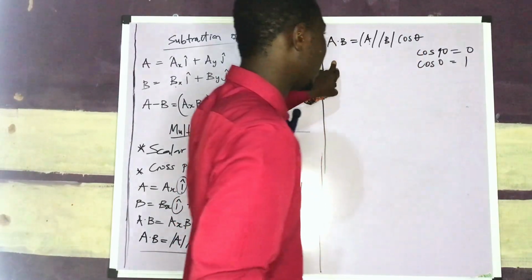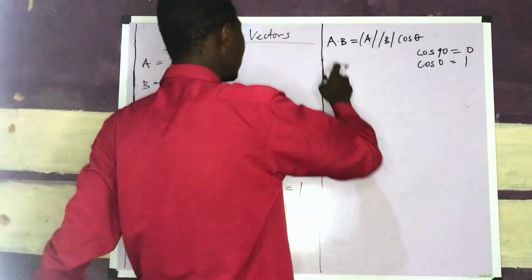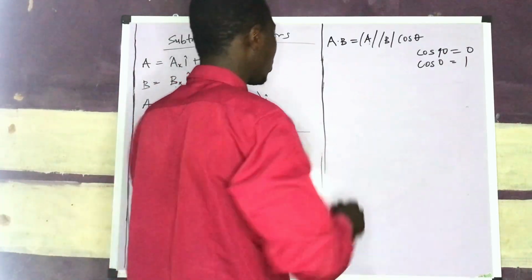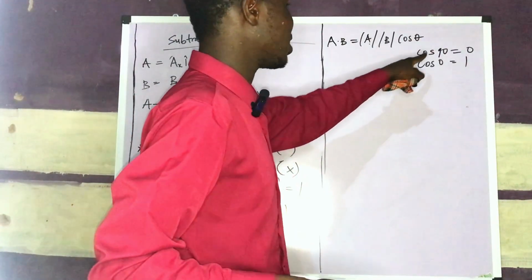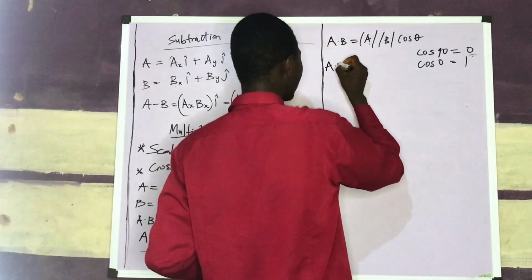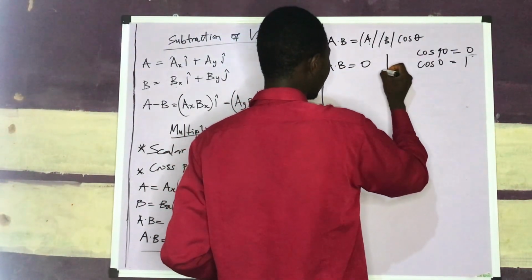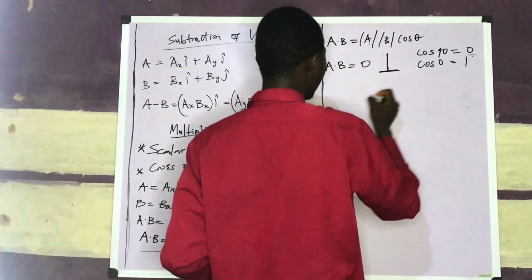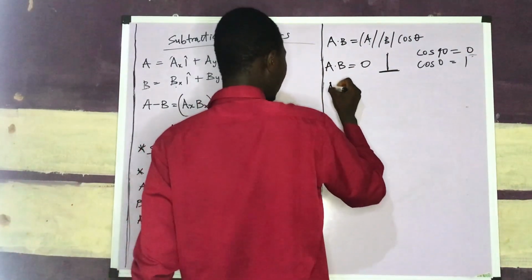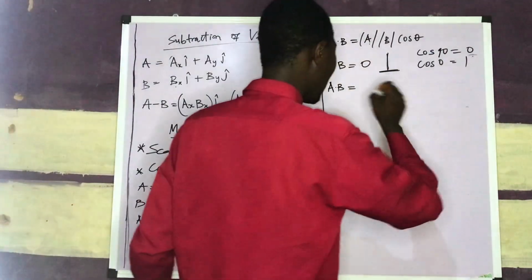When these vectors are perpendicular, the dot product is minimum, because it is 0. So A dot B at angle 90 is 0 when they are perpendicular. But when A dot B is 0 at angle 0, that means they are parallel.